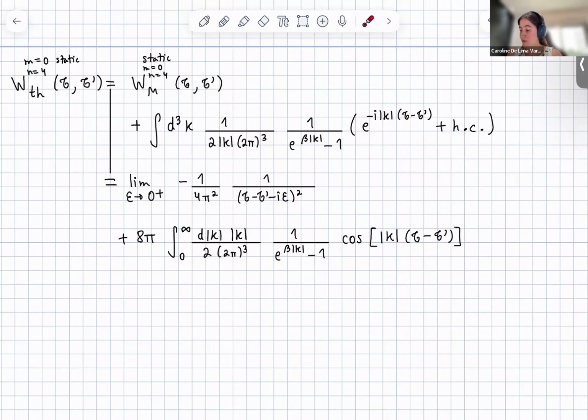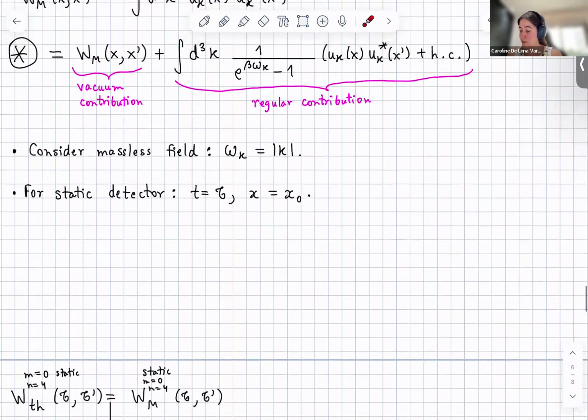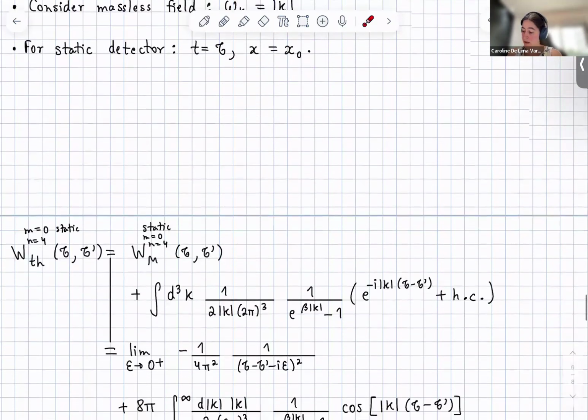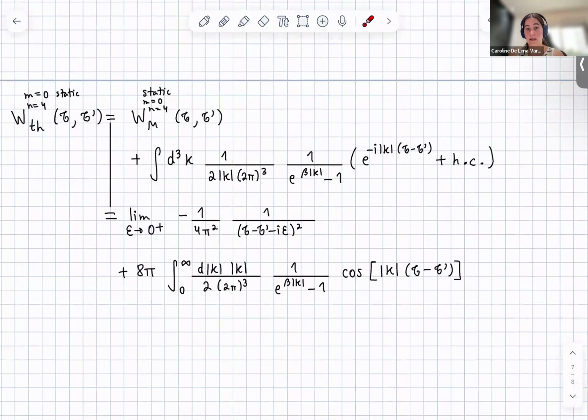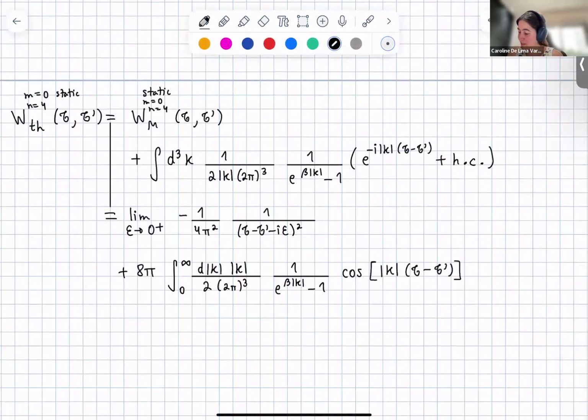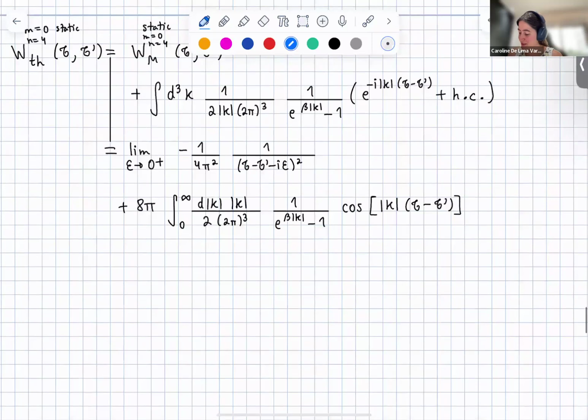And remember that I mentioned before that this part is going to be regular, right? So I would say the best way, at least for me, to solve this would be to use Mathematica's function that is called Fourier cosine transform.